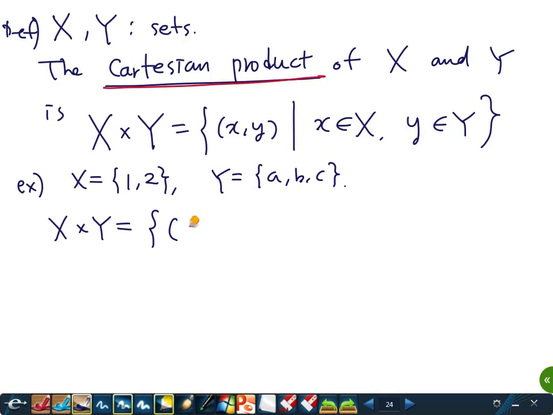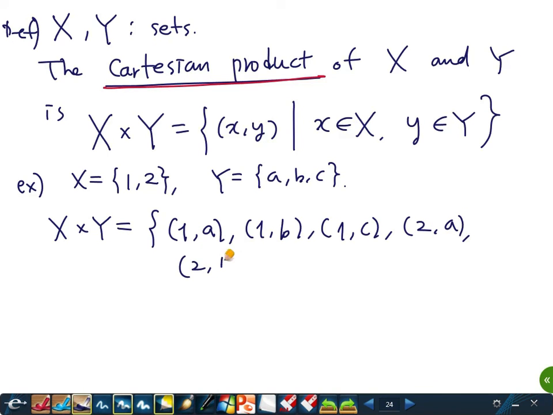So (1, A), (1, B), (1, C), (2, A), (2, B), (2, C), like this. So these are all the elements in the Cartesian product.